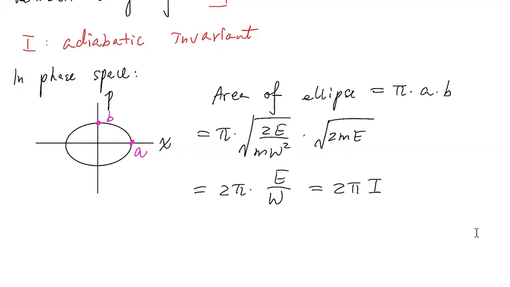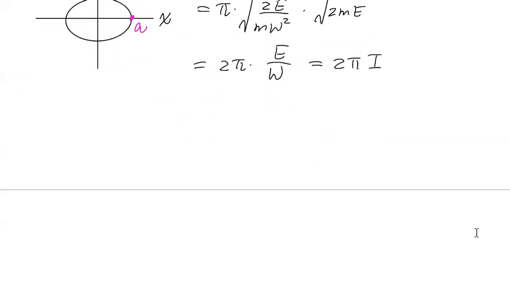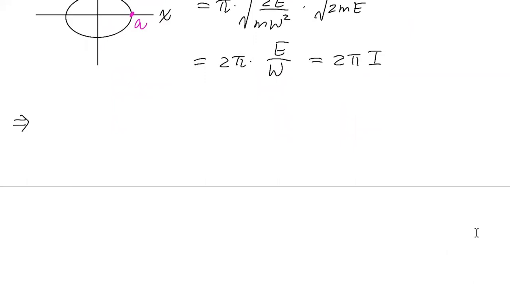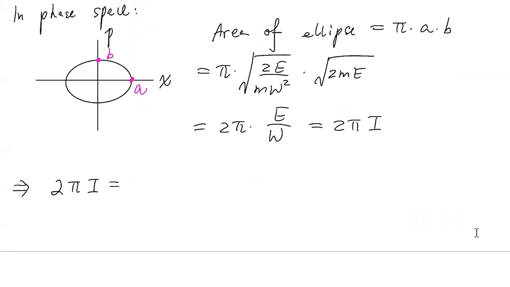Based on our definition, I is the total Hamiltonian over omega. And for a conserved system with a natural choice of the coordinate, H is simply equal to the total energy. Therefore, total energy over omega is our adiabatic invariant. And this gives you 2 pi I, which is the area of the ellipse.